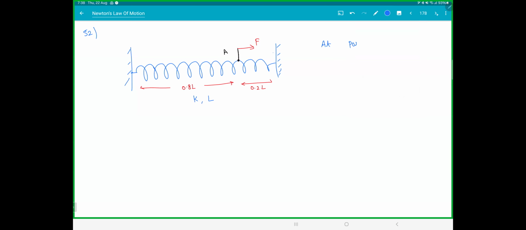Set point A on the spring, a force F is applied. So the question is, find the distance moved by A in equilibrium. How much will that point A move?